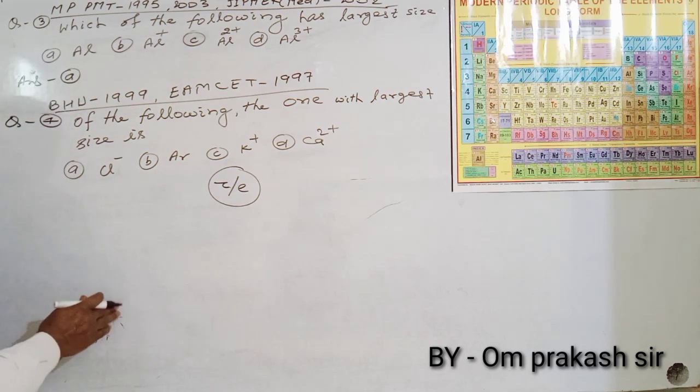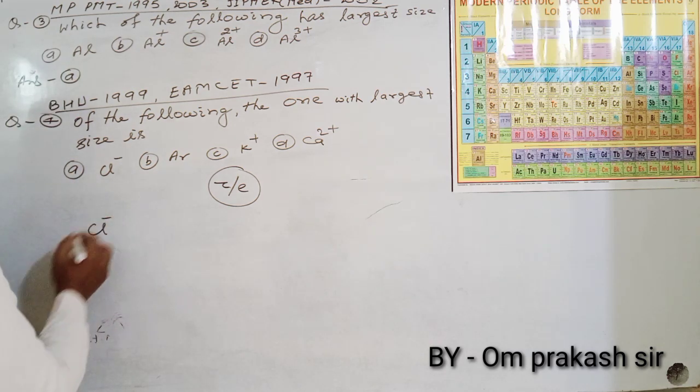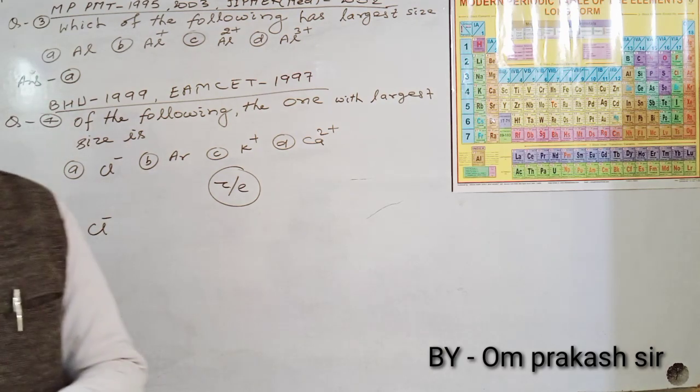Option first is chloride ion. Atomic number of chlorine is 17.